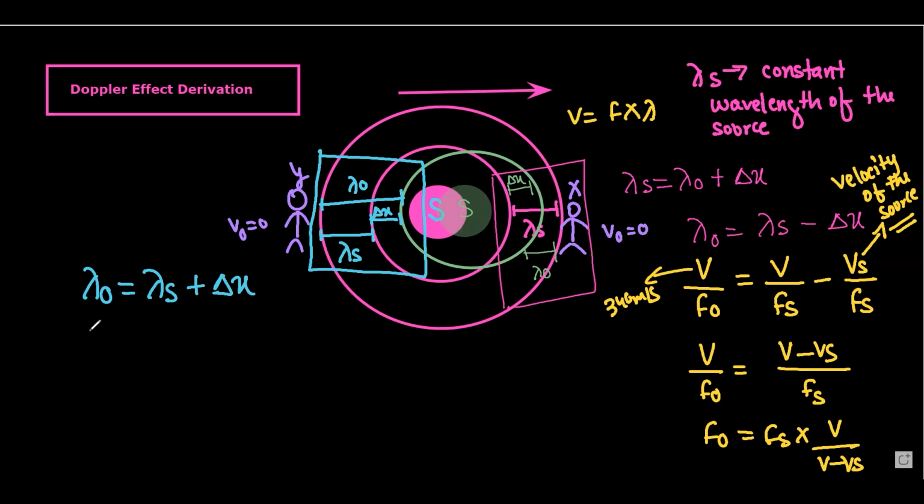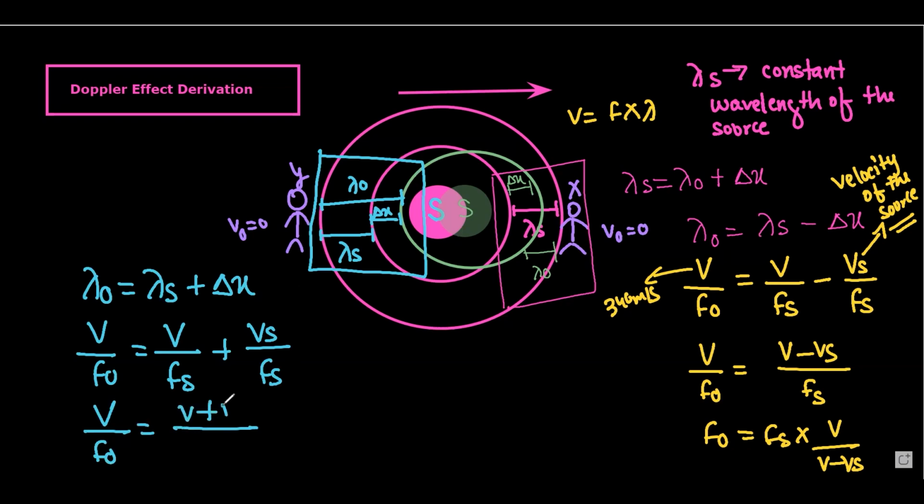Lambda naught again depends on the speed of the sound over f naught. Lambda s also depends on the speed of the sound, divided by Fs, plus this term, which depends on the motion of the source, so it's Vs over Fs. Let's equate this out: V over F naught equals V plus Vs over Fs. If you cross multiply, Fs times V is equal to V plus Vs multiplied by F naught.